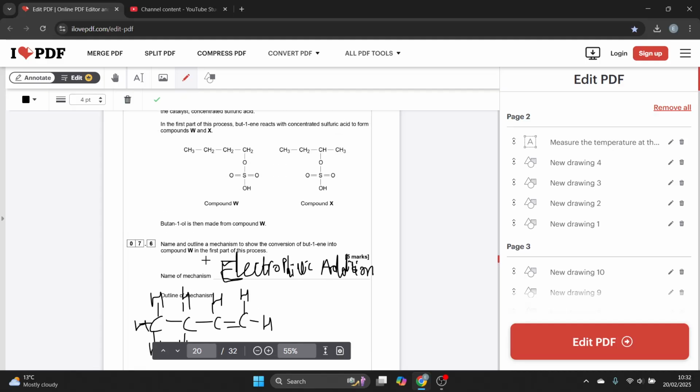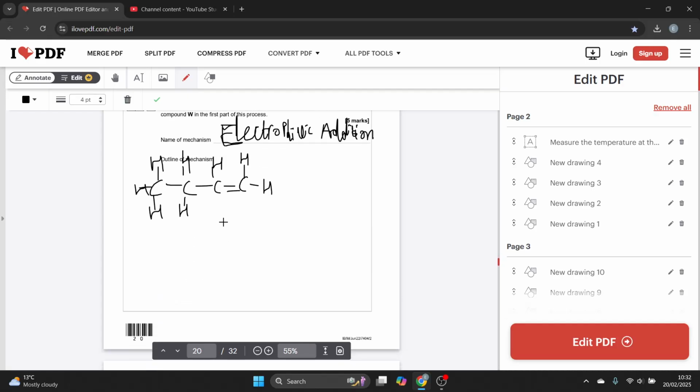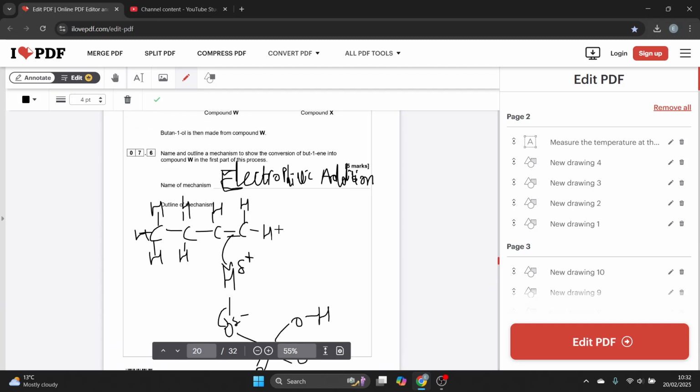C4H8. Perfect. And it reacts with concentrated sulfuric acid to form compounds W and X. So hydrogen partially positive, oxygen partially negative, S double bond O, double bond O, OH. Then from the double bond to here, that to there. Perfect.